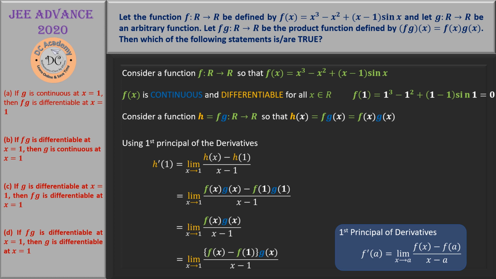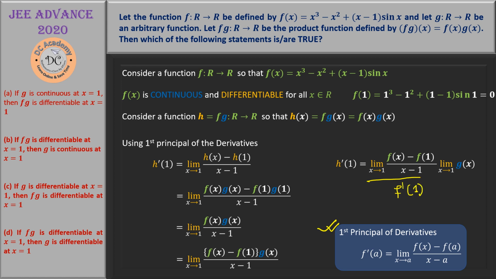Now notice, we know that the limit can be separated. So we separate the limit as the limit x tends to 1 of (f(x) minus f(1)) divided by (x minus 1), multiplied by the same limit operating on the function g(x). If we recall the first principle of the derivative again, we can easily notice that the first limit will be equivalent to f dash of 1.